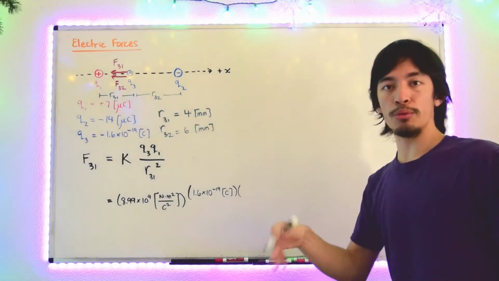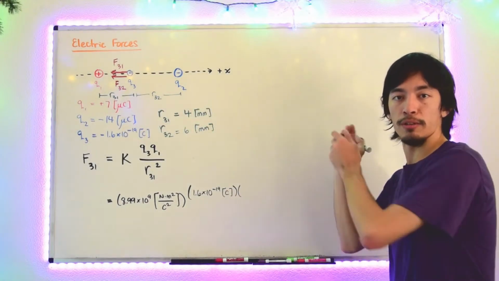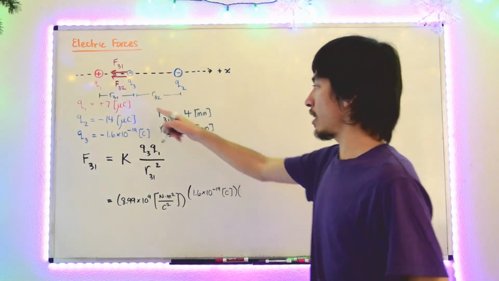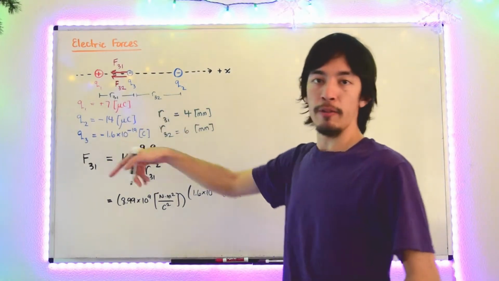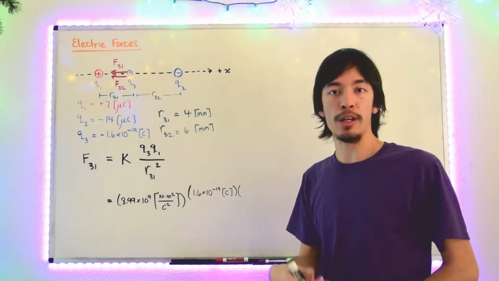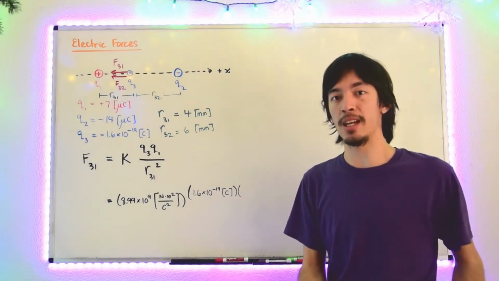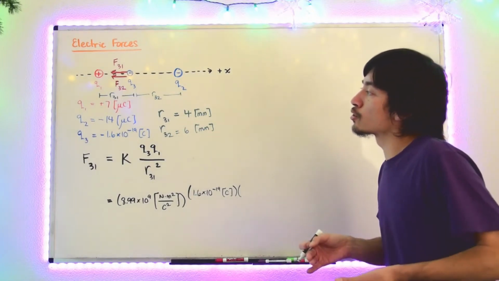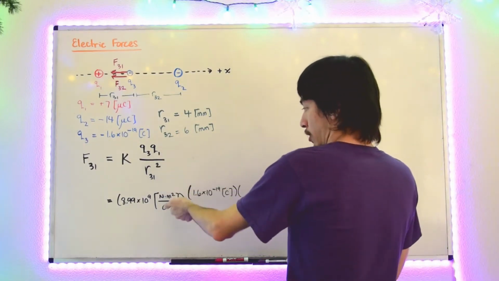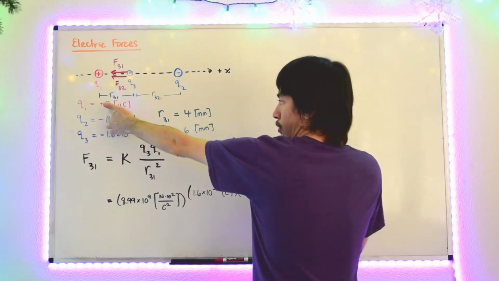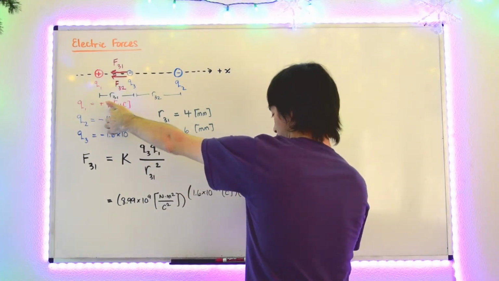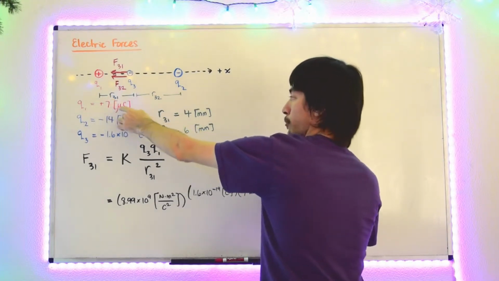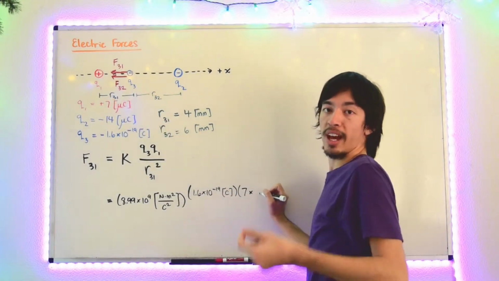Now, you could go through the whole process of setting up your conversion and then working out the conversion, but we already know that a unit prefix carries a value that's equivalent to a power of 10, and all you do with it is tack it on. So for Q1, which is 7 microcoulombs, I would just write the 7, times whatever power of 10 is associated with that unit prefix.